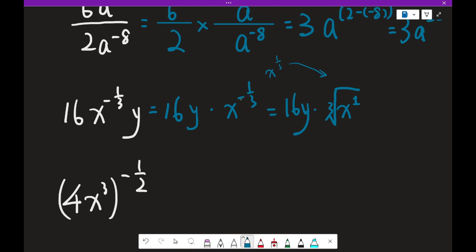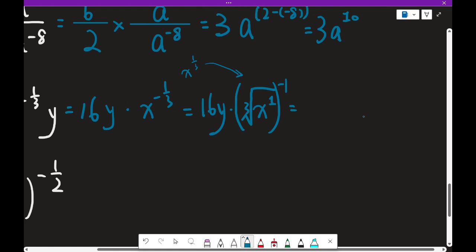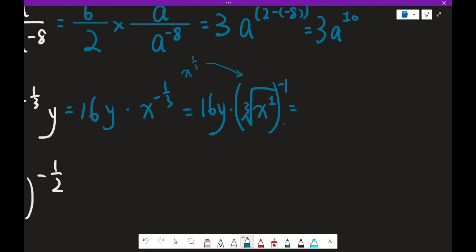However, we have a negative 1 outside of here, so we still need to consider that. And as we know, whenever we have a negative sign or negative 1 as an exponent, we just move the whole thing down to the denominator, down to the denominator with a numerator of 1. So it will be something like this.